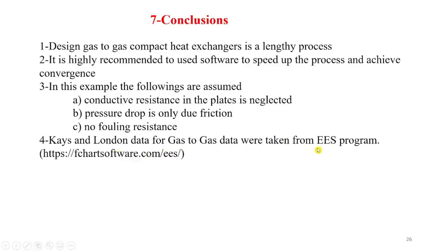The EASE program has tabulated most of the values of Kays and London's book on compact heat exchangers. So if you have a surface and you know its designation, given any Reynolds number, you can find JH and the friction coefficient immediately. Digitally, you can find the value of the friction coefficient and the Colburn modulus once you have the Reynolds number for any given surface in the book of Kays and London.